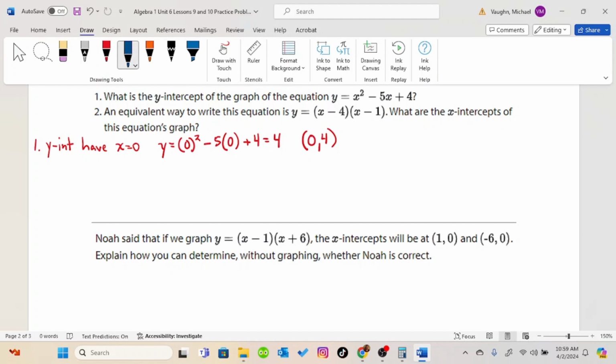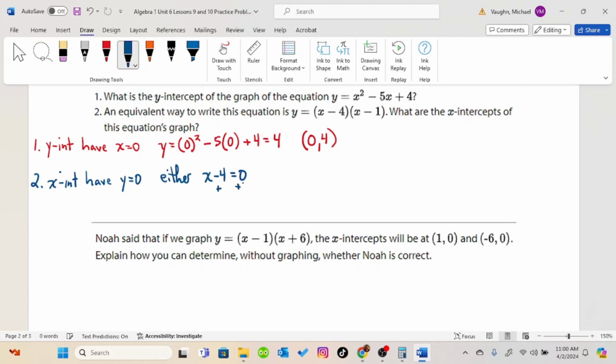Number 2. An equivalent way to write this equation is y equals (x − 4)(x − 1). What are the x-intercepts of this equation's graph? Remember, x-intercepts have y equal to 0. So either x − 4 equals 0.